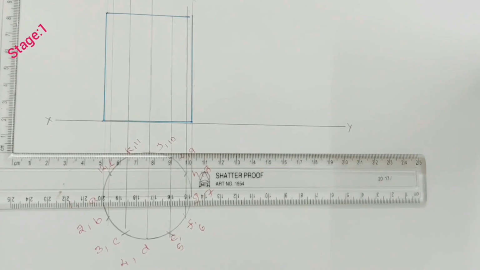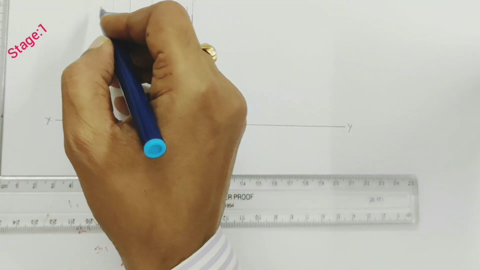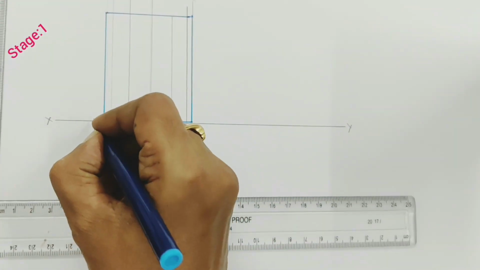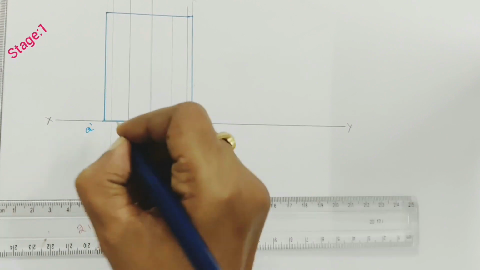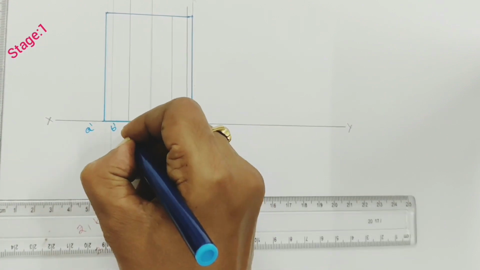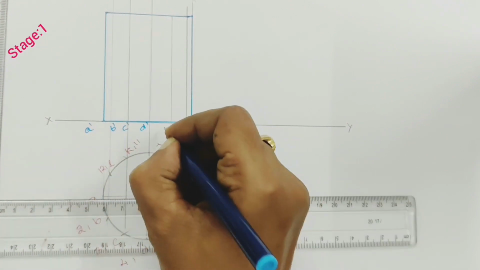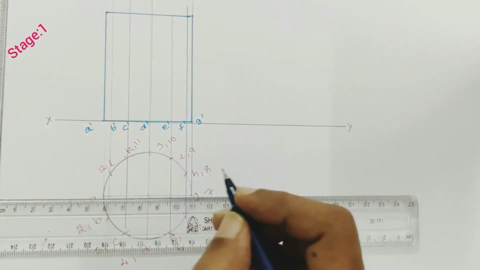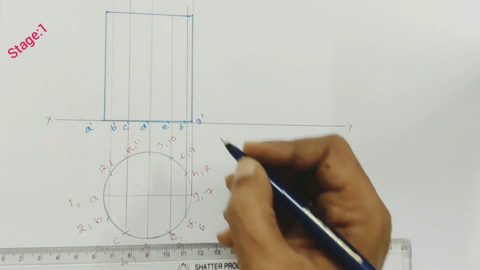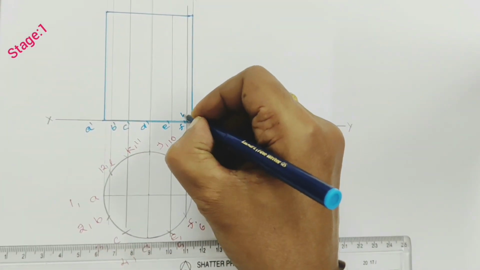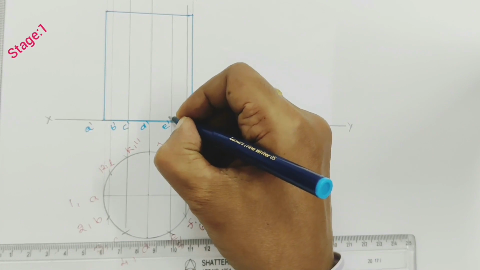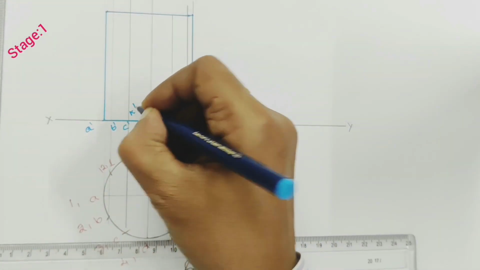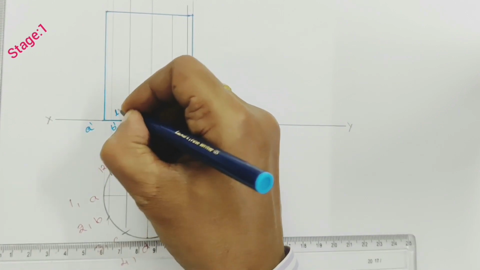Then give numbering as well as lettering for the front view: A dash, B dash, C dash, D dash, E dash, F dash, G dash, H dash, I dash, J dash, K dash, L dash.